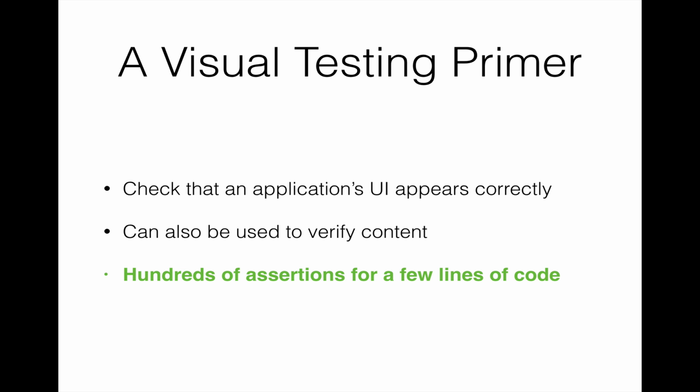And the real kicker here is that you get hundreds of assertions for just a few lines of code, because it's checking so many different things on the screen. To do the equivalent with traditional assertions in Selenium, or just relying on a human to look at it, there are going to be things that humans will miss, and we can use a computer to do what it's good at.